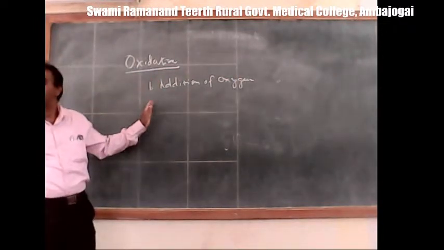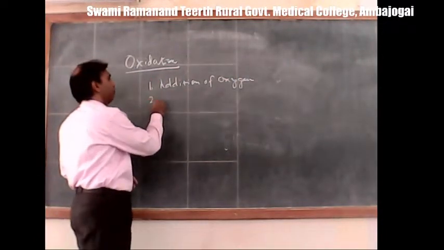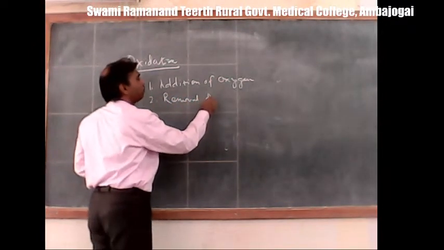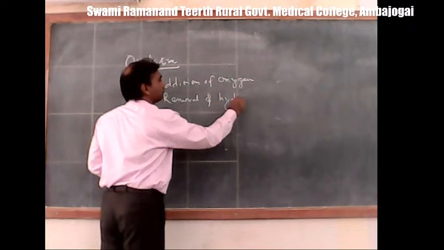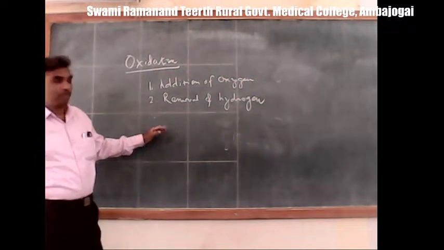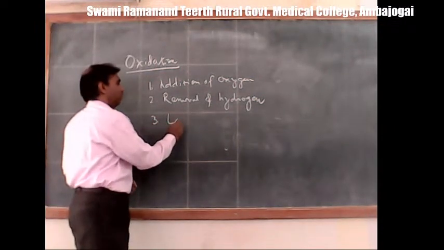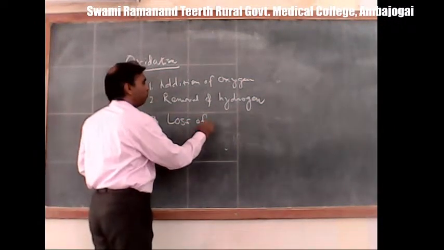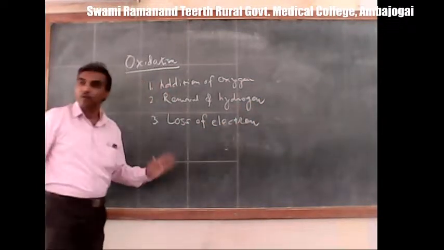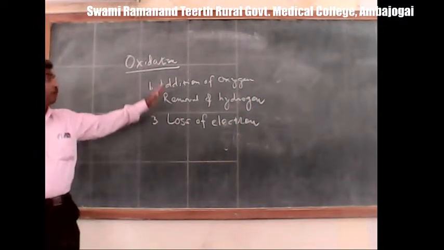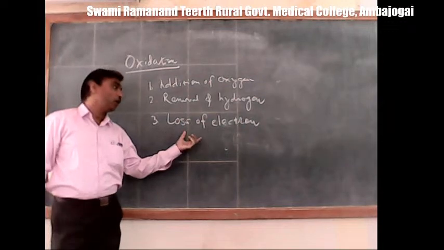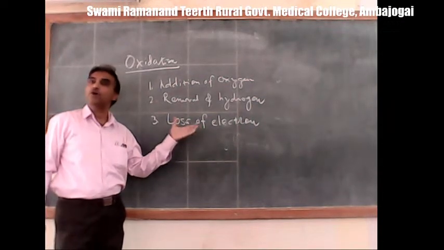Then it is removal of hydrogen. Then loss of electron. This is oxidation. Addition of oxygen, removal of hydrogen, or loss of electron or removal of electron is oxidation.